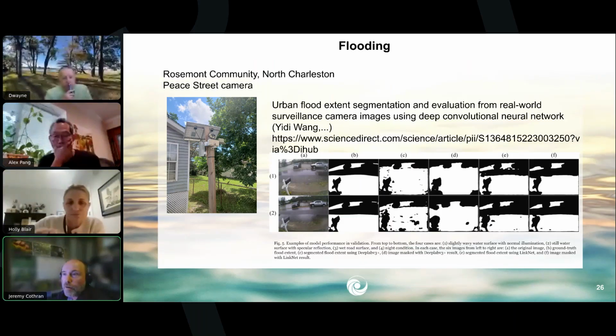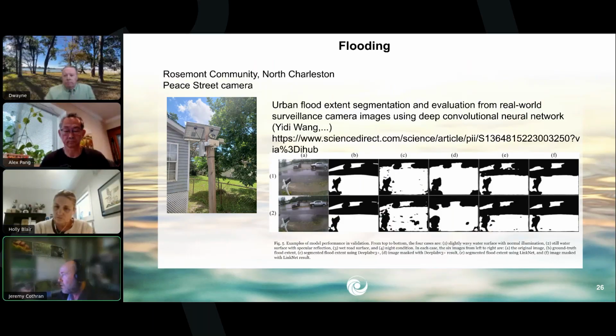And so our project, with the water level also in the creek or estuary nearby, is also trying to help differentiate between precipitation-based flooding and sea rise or any kind of ocean-based flooding.